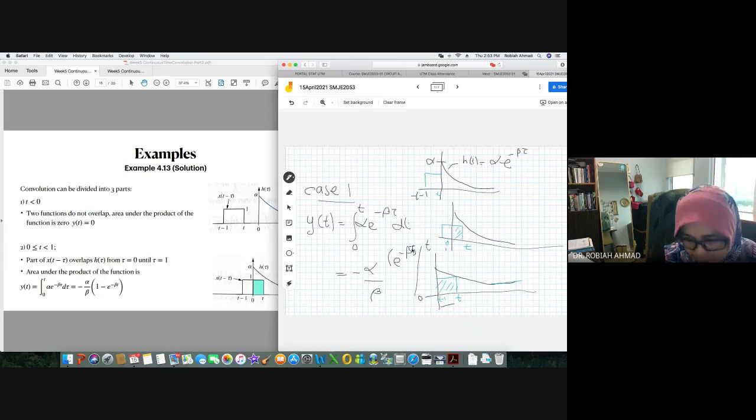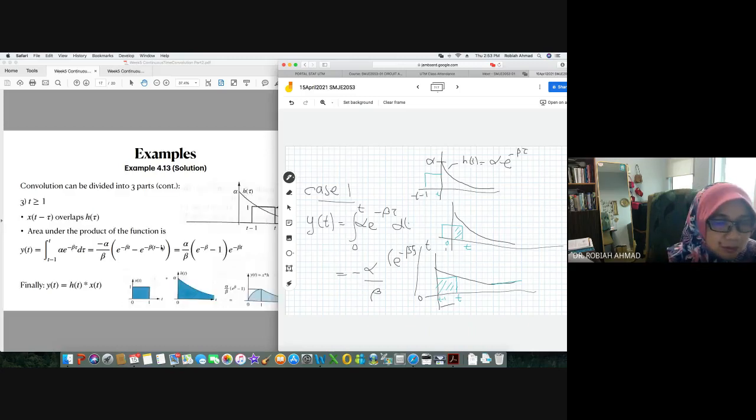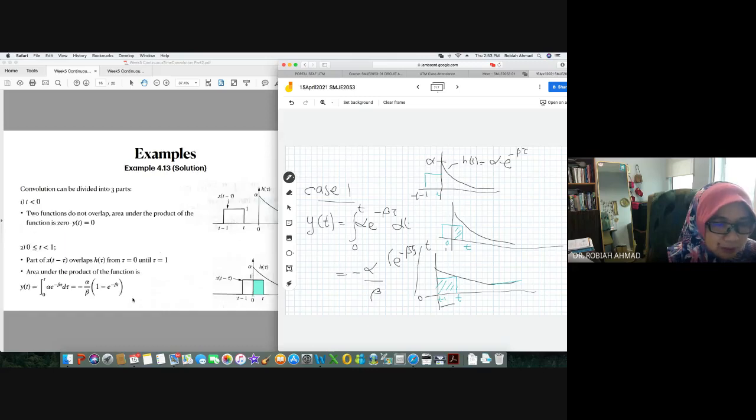Oh, dia tak muat. Okay, so ni saya tertinggal ni. So bila kita kira, because this one saya dah dapat jawapan terus. Okay, so bila kita gantikan dia, because e to the power of 0 is 1 minus, dia sepatutnya minus, dia patah balik, dia bawa situ.